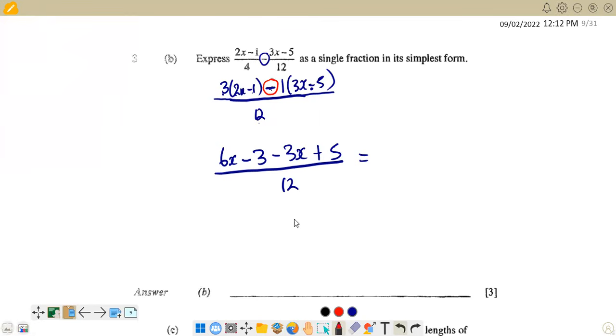We've got 6x and -3x, so you subtract these two, which gives us 3x. Moving on to -3 and +5, this gives us +2. So it's 3x + 2 over 12. Here we do not have anything that is common. We can't subtract, add, or divide anything. Just leave your answer like that.